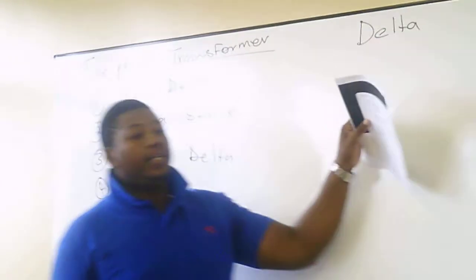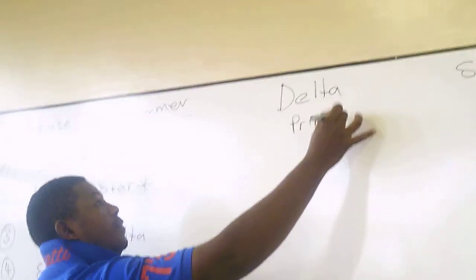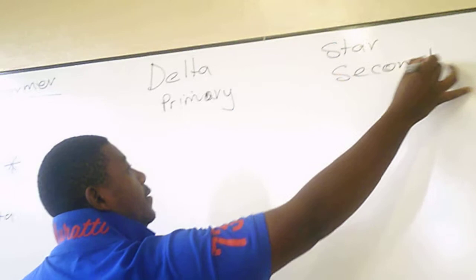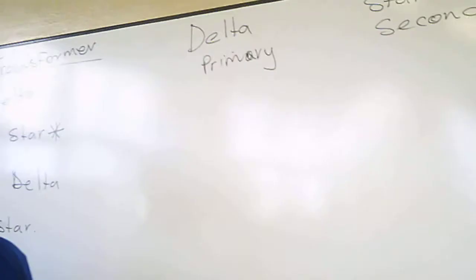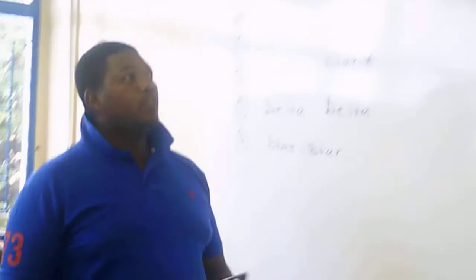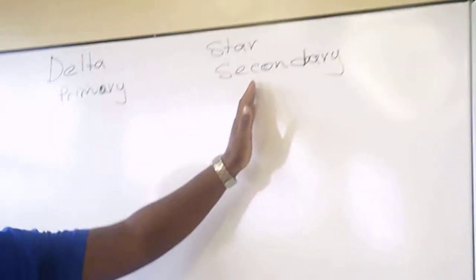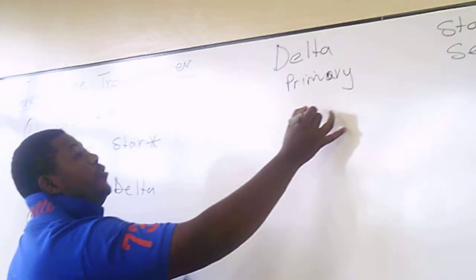Right, we know that a transformer has the primary and the secondary side. That means that my delta is the primary side and the star is the secondary side. So I've got the primary and the secondary. We normally use IEC symbols to indicate the delta as well as the star. But if you look deep into that, you'll see that we normally use three coils.